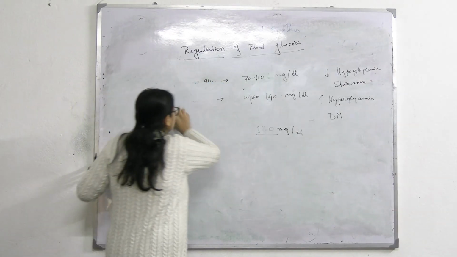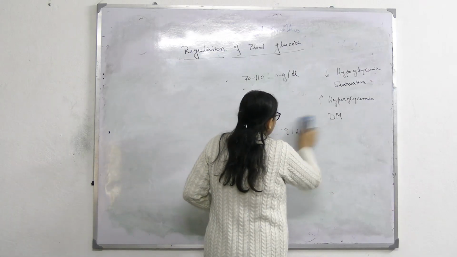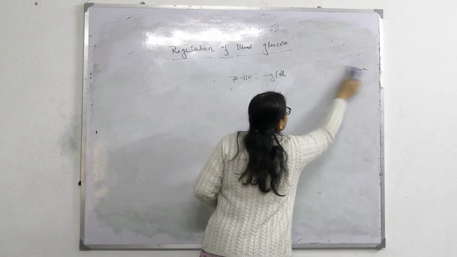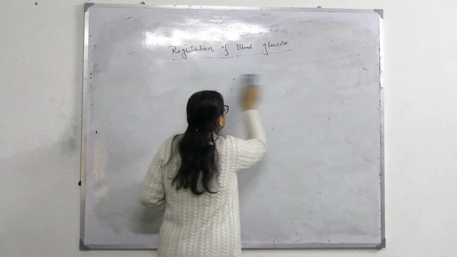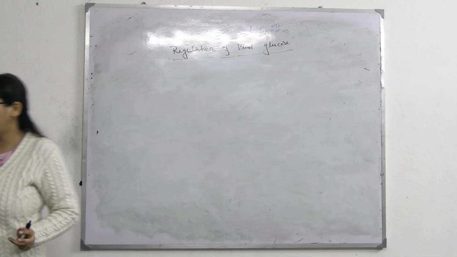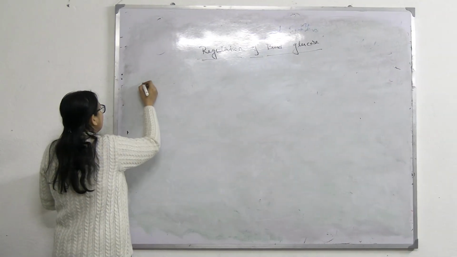Before going to the mechanism, we will discuss that the concentration of blood glucose is maintained by two sets of factors.